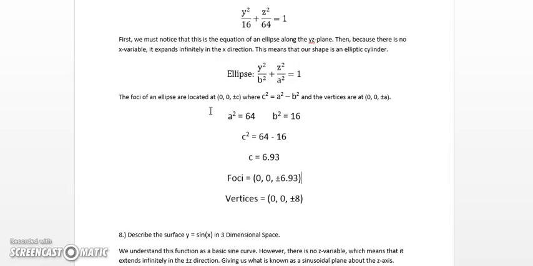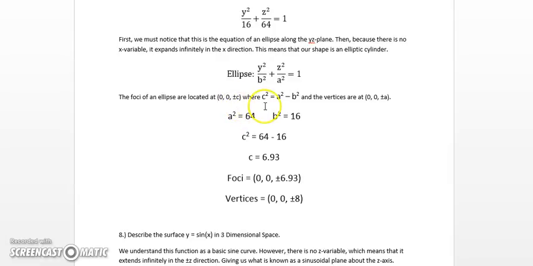That variable can change. It's always on the longest side of the ellipse, and that is why we were focusing on the 64 in the bottom right here. This plus or minus c can be in the x, the y, or the z coordinate. It's always on whichever side is the longest, and in this case, it's the z, so the plus or minus c is in the z coordinate.